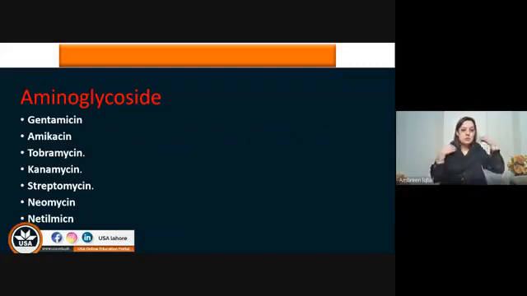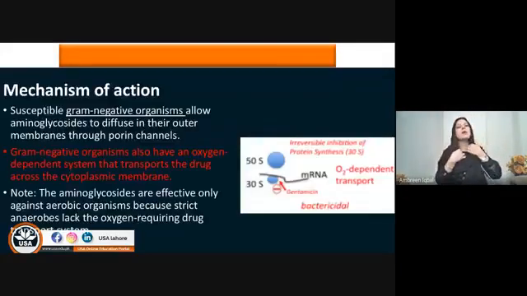Moving towards the mechanism of action of the aminoglycosides, it's very important. They are good enough for only gram-negative bacteria. Why are they good for gram-negative bacteria and not for gram-positive bacteria? Because gram-negative organisms have an oxygen-dependent system that transports the drug across the cytoplasmic membrane. There are two types of bacteria, gram-positive and gram-negative.